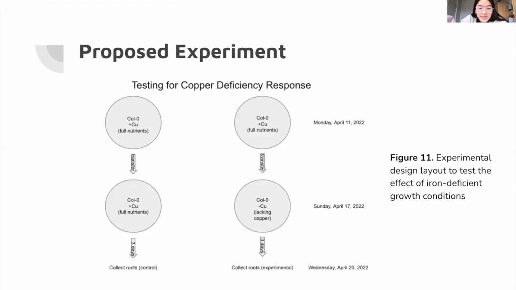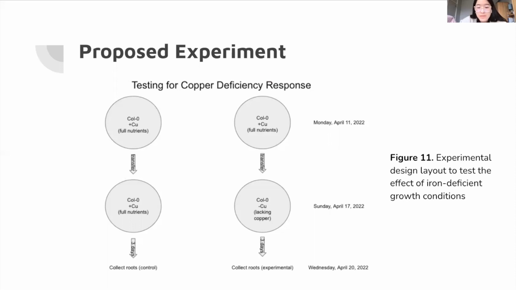After exploring the EFP browser to see what kind of conditions affect our gene's expression and which tissues in the plant contain the greatest mRNA expression, we came up with an experimental layout to test the condition we chose. A paper published by Dinini et al. in 2008 used plant roots to examine the effect of iron-deficient growth conditions.